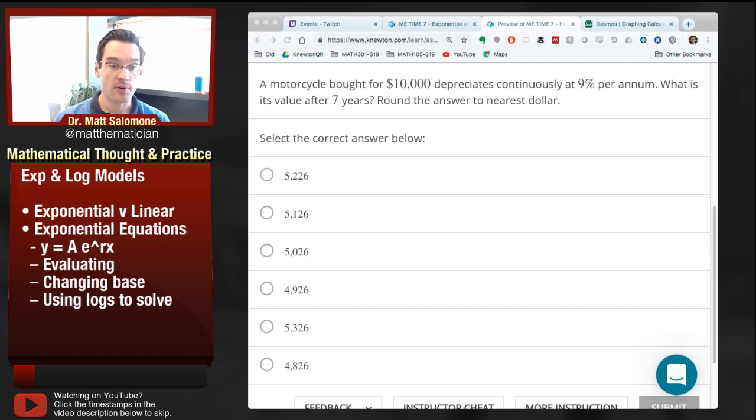What makes the behavior we're seeing here different from a linear model? And then secondly, I want especially to think about the role that this word continuously is playing in this example. What does it mean for something to depreciate continuously at a certain rate as opposed to depreciate in different fashions?